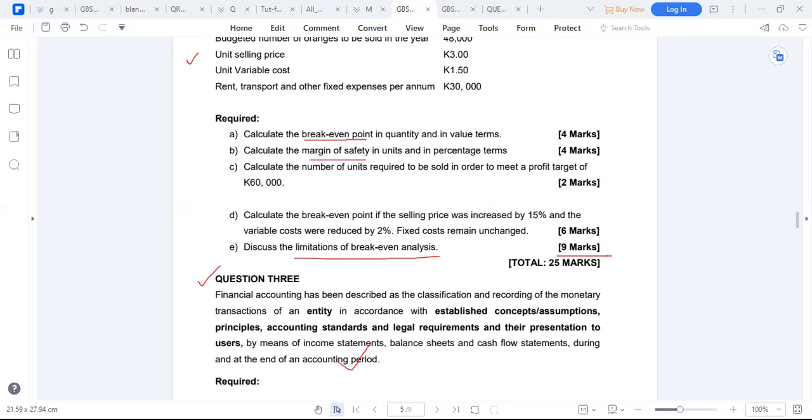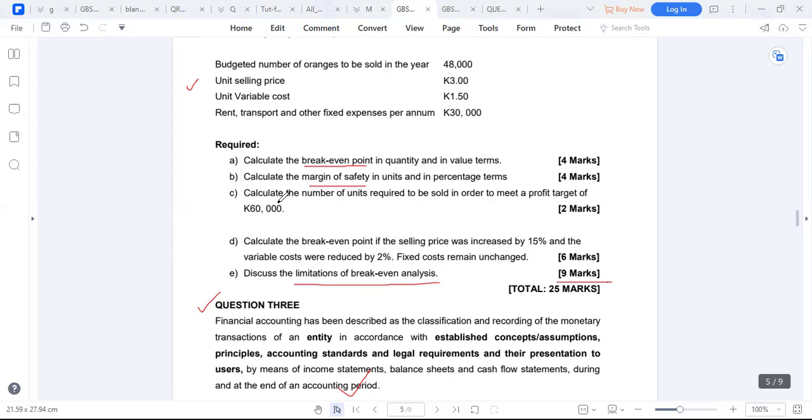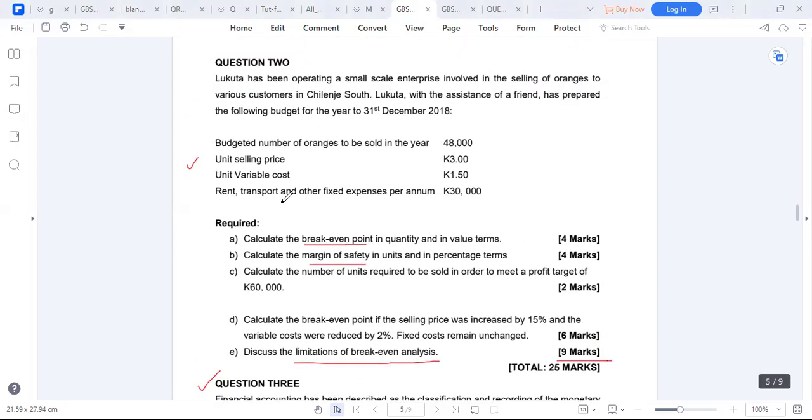So who remembers the formula? The formula for the break-even point is fixed cost over contribution per unit.